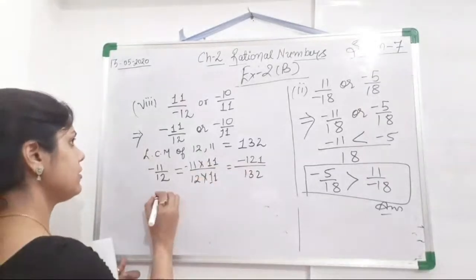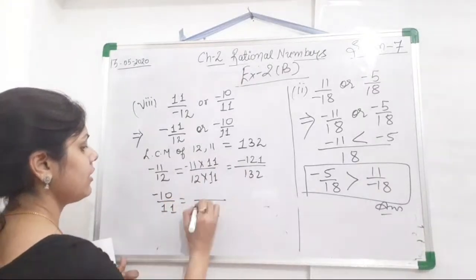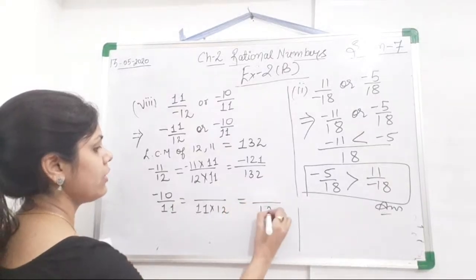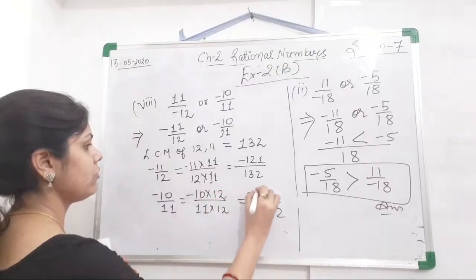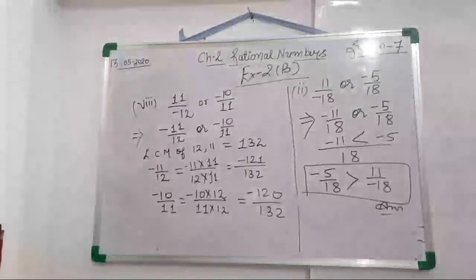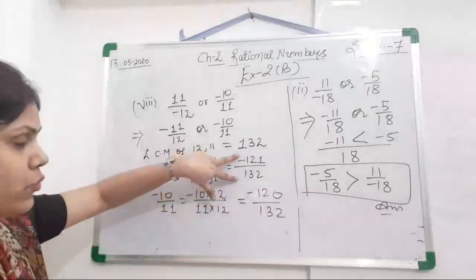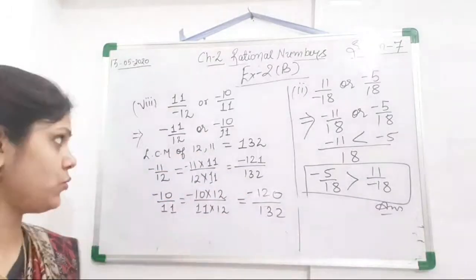Now this minus 10 upon 11 can be written as, in 11 what will you multiply to get 132? 12. Similarly, you multiply 12 here also, you will get minus 120. So you got minus 121 upon 132 and here minus 120 upon 132.